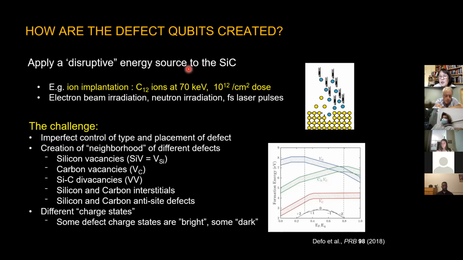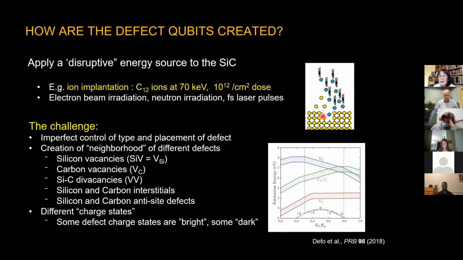We apply a disruptive energy source to the silicon carbide. There are lots of different ways. These blue flying projectiles are the disruptive source, whether they're ions or electrons, and this is the perfect single crystal in yellow. The goal of this disruptive source is to break bonds and form vacancies.